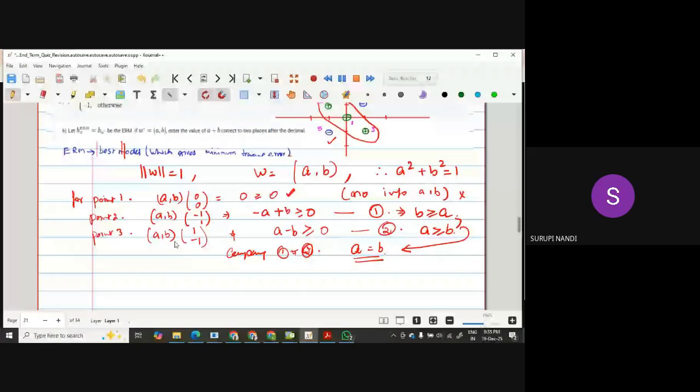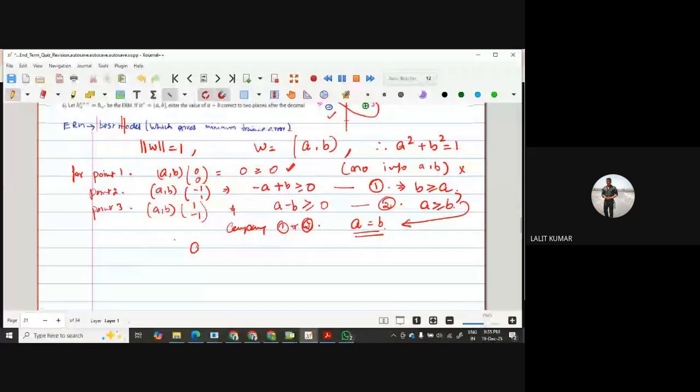Yes. Here B is greater than or equal to A, and here it is A is greater than or equal to B. So from this, A is equal to B. Now you put this, A square plus A square is equal to 1. Therefore, 2A square is equal to 1, A square is equal to 1 by 2, A is equal to 1 by root 2, multiply by root 2 over root 2.